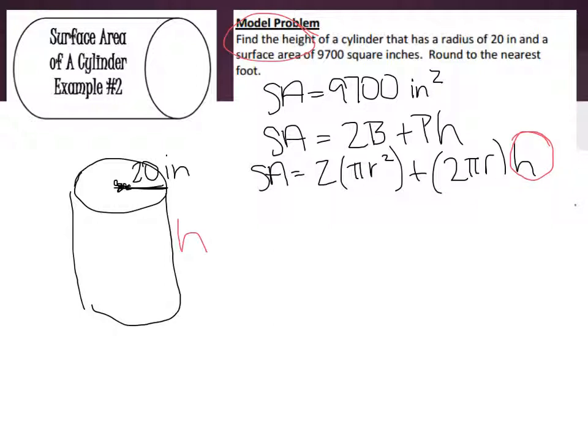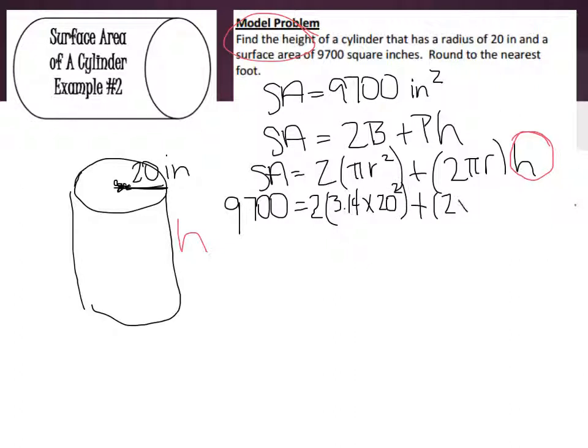Plugging in the information we do know. We know that the surface area is 9,700. So underneath the letters SA for surface area, I'm going to put in 9,700. I'm going to put in a 2 that was there in our formula. Pi is 3.14. The radius is 20, so I'm going to put in 20 squared.